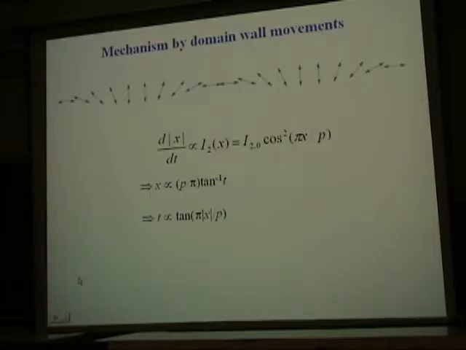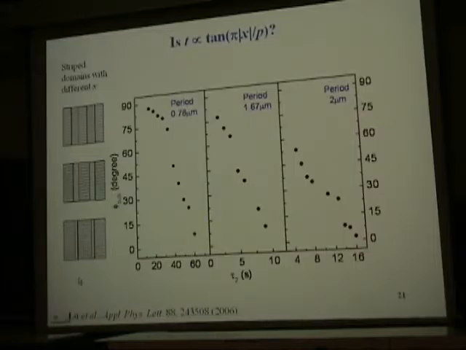In order to see whether this result describes the experimental data, we have simulated the liquid crystal configuration on striped alignment patterns like those you see in here as a function of the domain wall position. And then from the result, we extract the bulk azimuthal alignment angle, phi sub bulk.